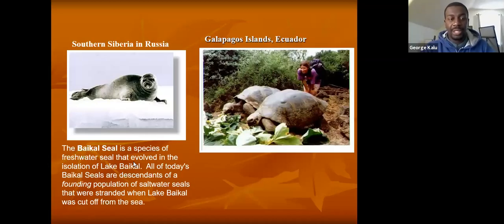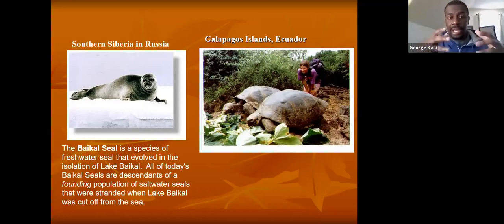So a couple examples of founders were the Baikal seals. I believe, I want to say, are off the coast of Russia and Siberia. What initially happened with the Baikal seals is that there were seals on Lake Baikal, which were mainly saltwater seals. Okay? They mainly existed in the saltwater area.